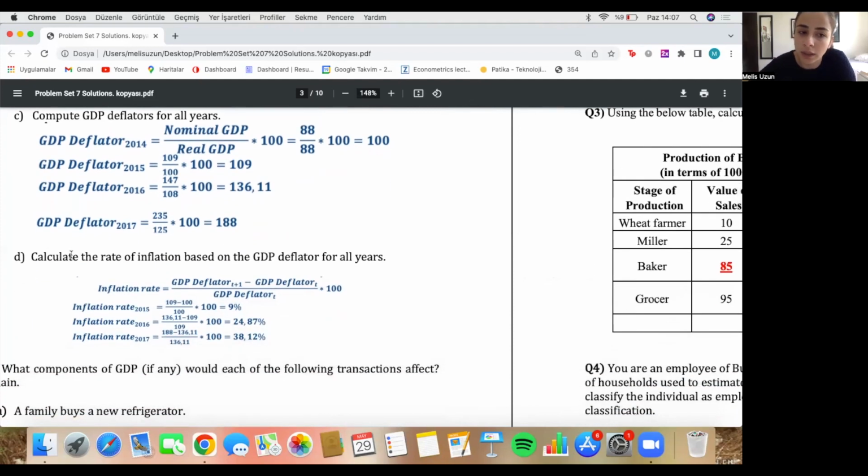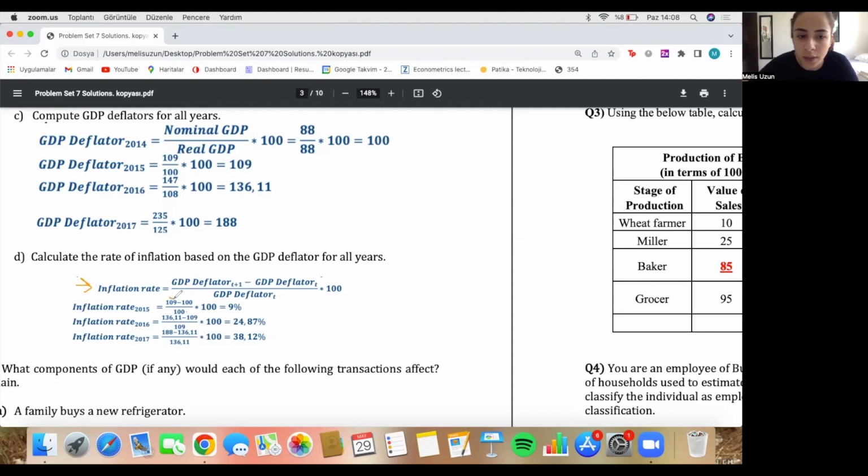It asks us to calculate the rate of inflation based on the GDP deflator for all years. So we will use this formula. Let me find that again. So if we want to find out the inflation rate between 2014 and 2015, we will subtract 2014's GDP deflator from the 2015 GDP deflator and divide it by the GDP deflator for 2014 and multiply with 100.